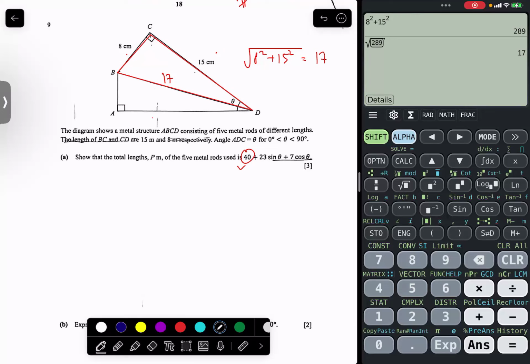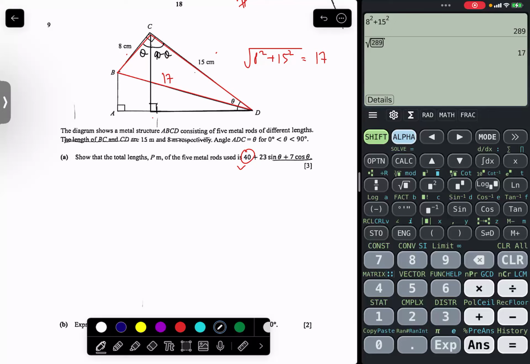There's a hint down here: if I cut this structure, this would be a right angle, so this is 90 minus theta, therefore making this theta.